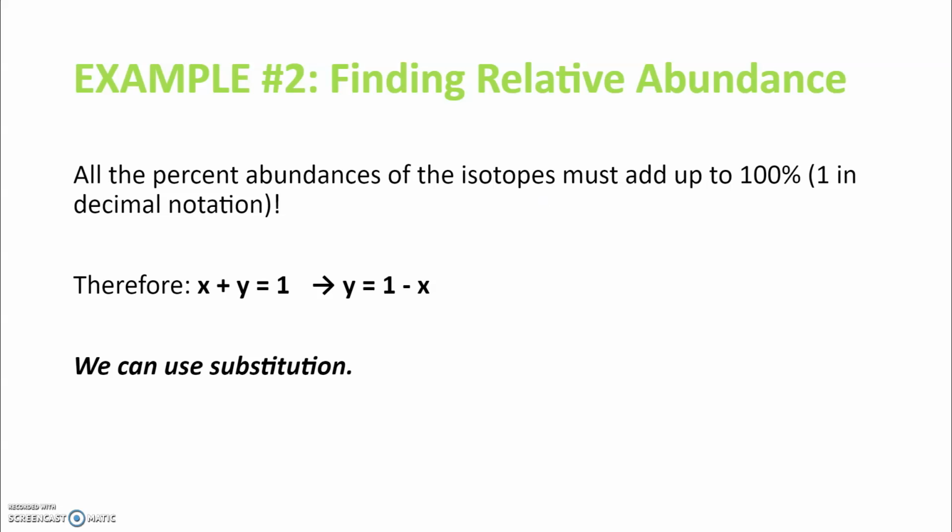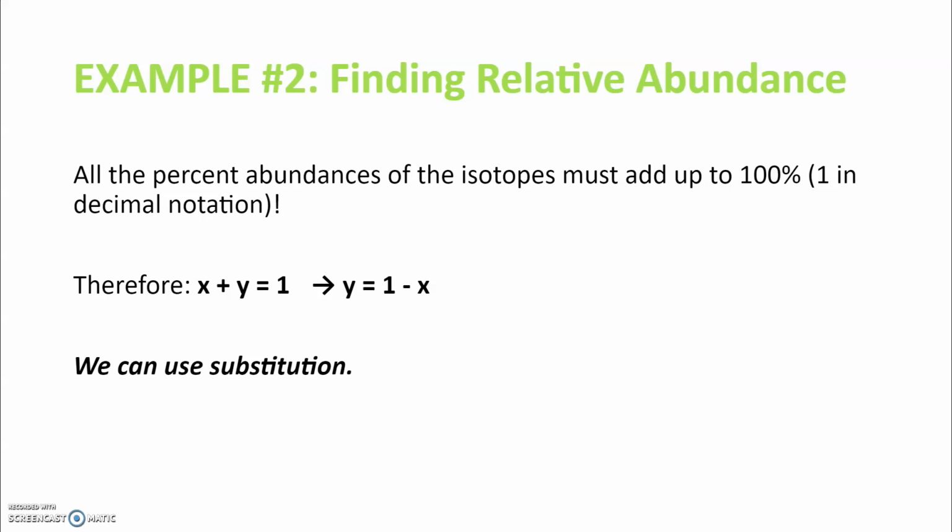If we're thinking about it in decimal notation, which is what I prefer, then they have to add up to 1. So x plus y must equal 1. That allows us to redefine y in terms of x, so y is equal to 1 minus x. And by creating this system of equations, we can use substitution to solve for our variable x.